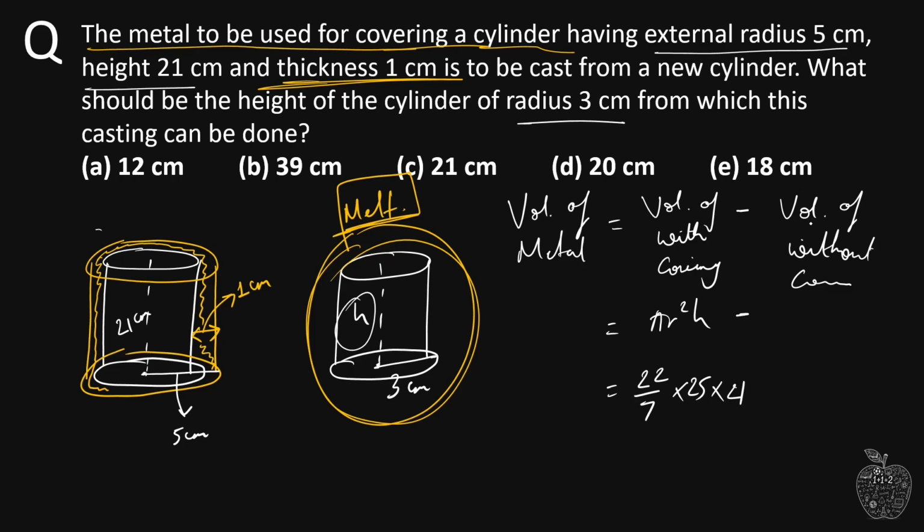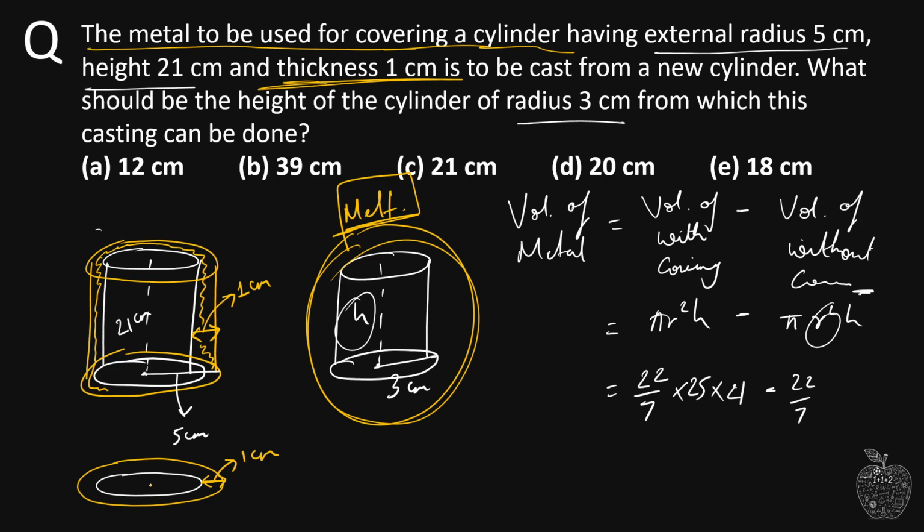Now let's talk about the volume without the covering. Again the formula is pi r square h, and pi is again 22/7. Now what will be the radius here? If I visualize this, this is the inner cylinder, and this is the covering, and this thickness is 1 centimeter.